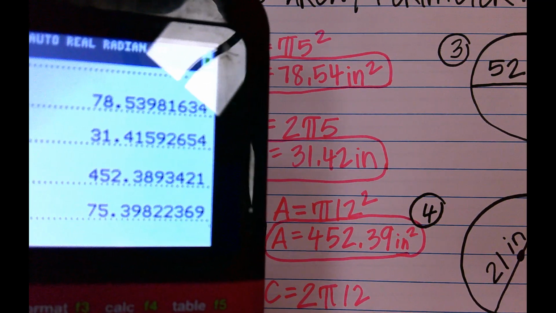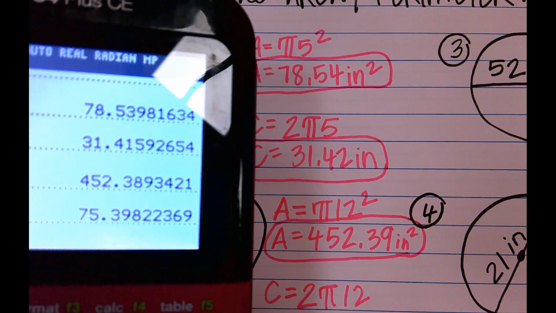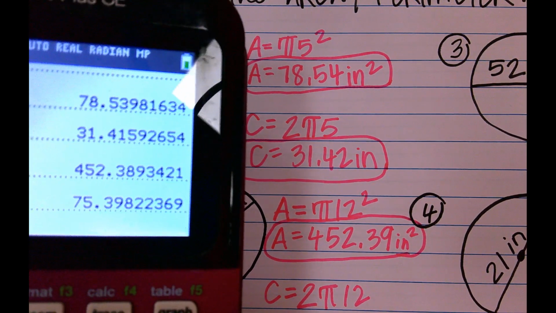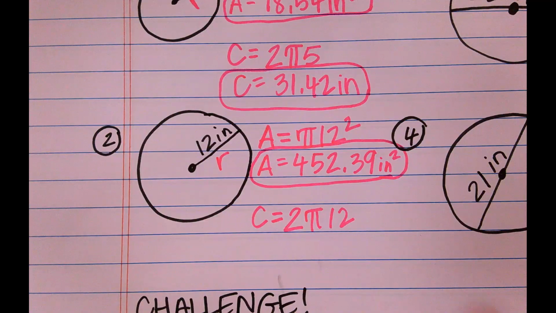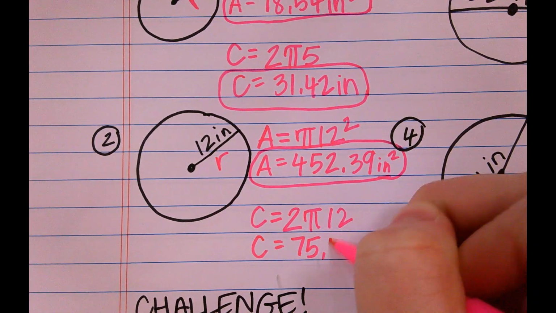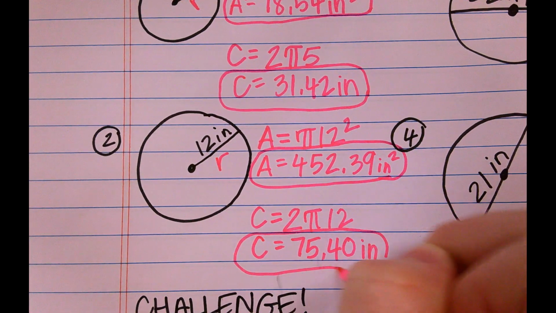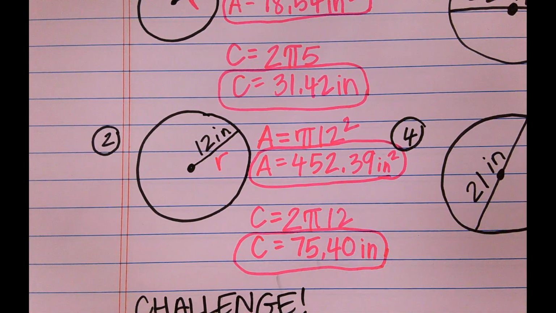If you put 75.39, I will not count it wrong. That would be just fine. These go pretty quick. Perfect. Okay, that was number 2.